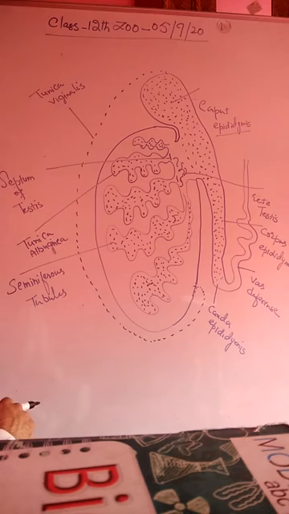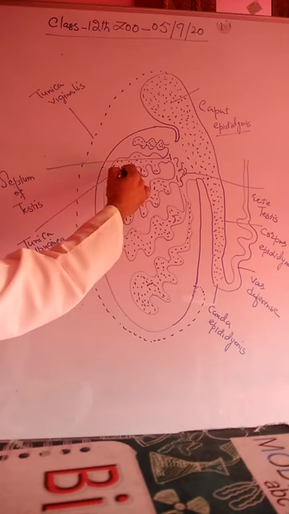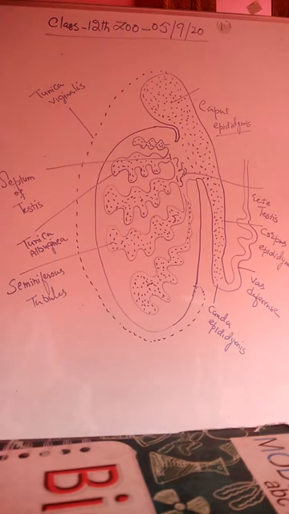So far this tunica albuginea is concerned, it is produced in the testes as fibrous septa. This forms the fibrous septa. The septa divide the testes into a number of testicular lobules. These are about 250 in number. Each lobule has 1 to 3 convoluted seminiferous tubules.